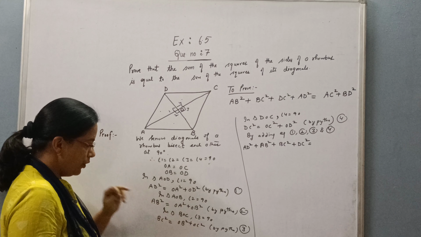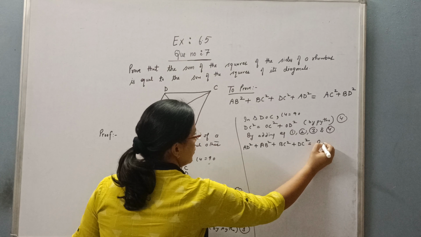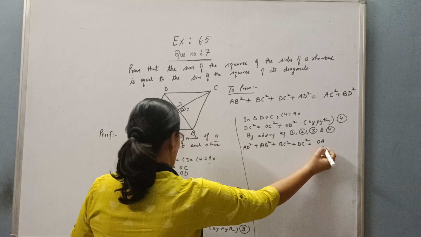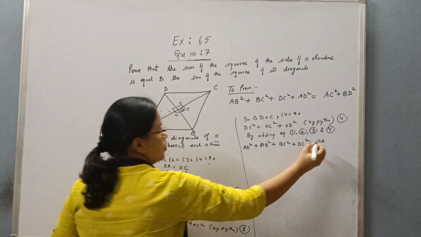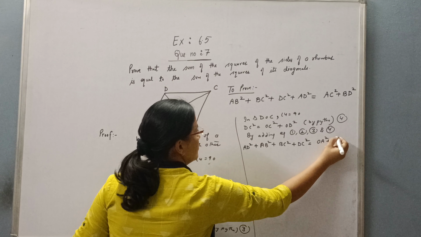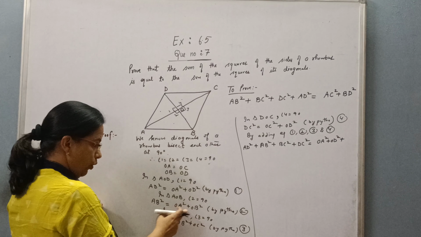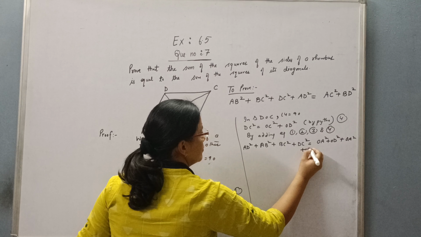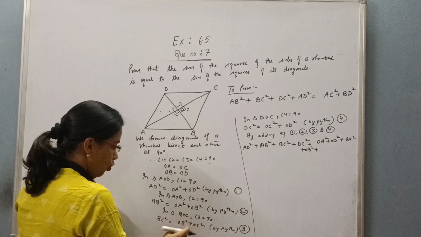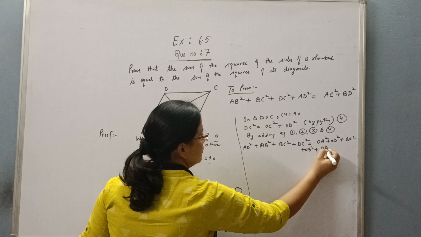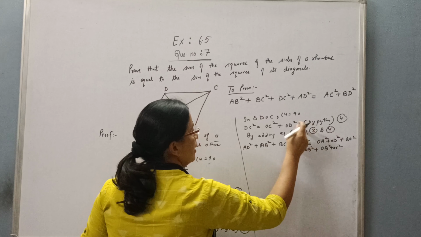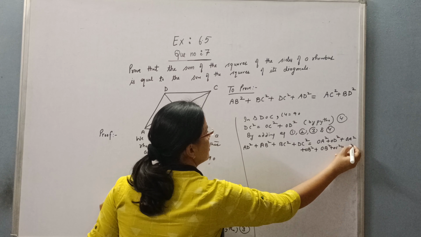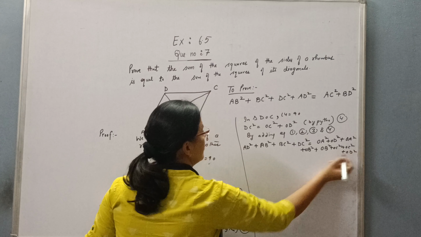And on the right side we have OA square plus OD square, then OA square plus OB square, then OB square plus OC square, and at last OC square plus OD square.